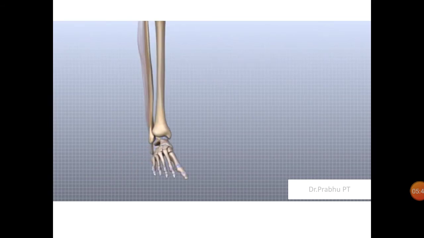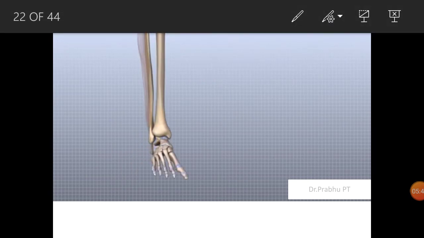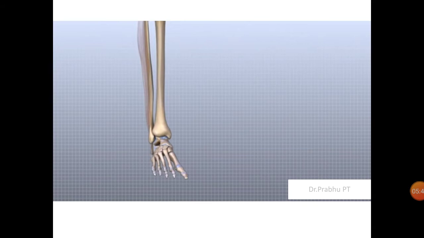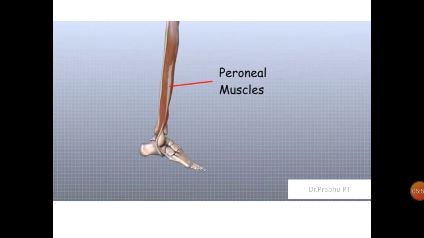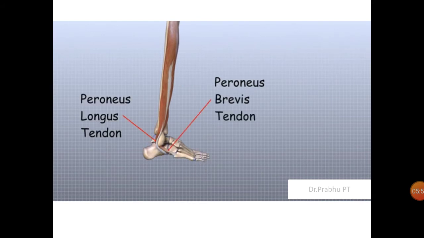So next we see about the peroneal muscles. So here we can see the two peroneus muscles. Actually, there is a group of three peroneus muscles: the peroneus longus, peroneus brevis, and peroneus tertius.